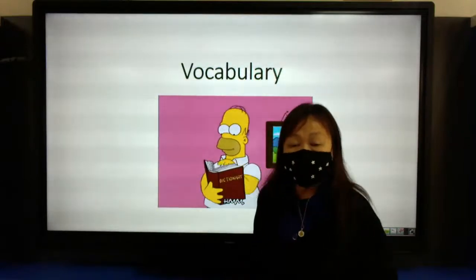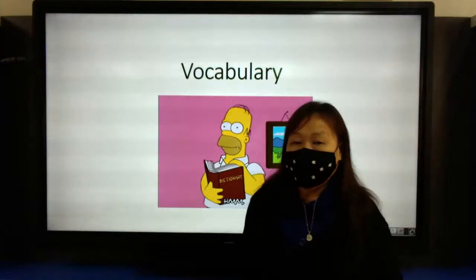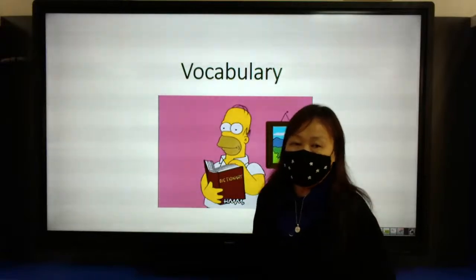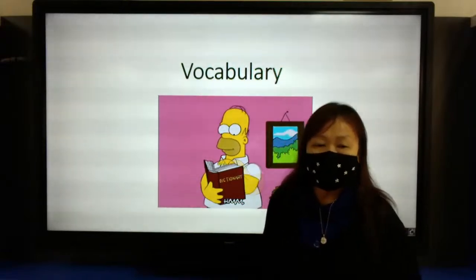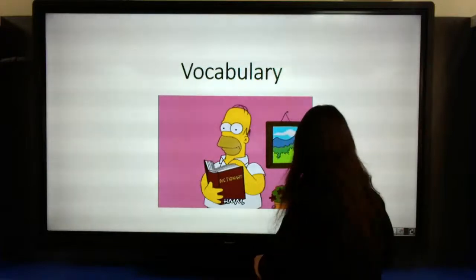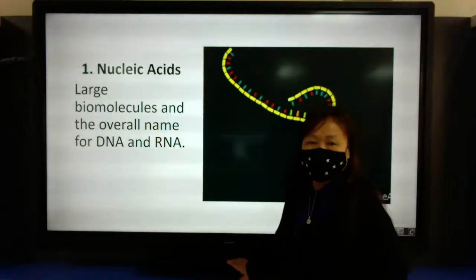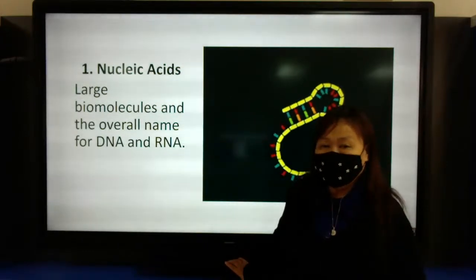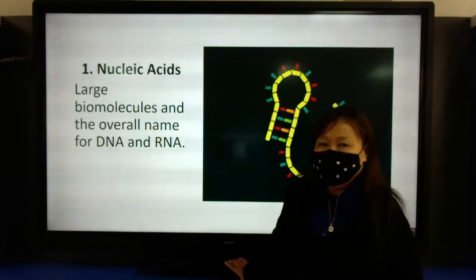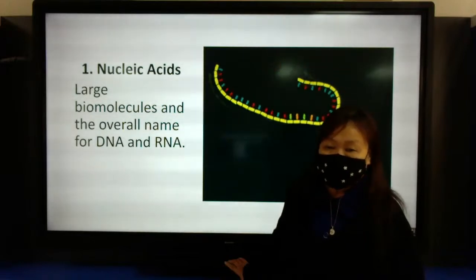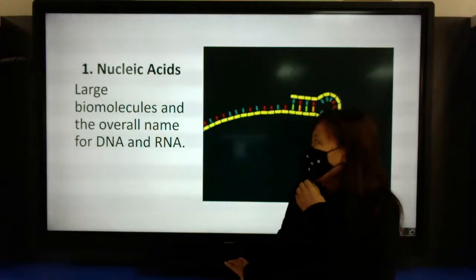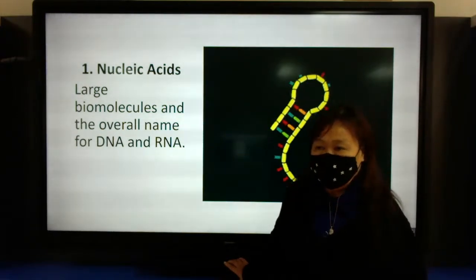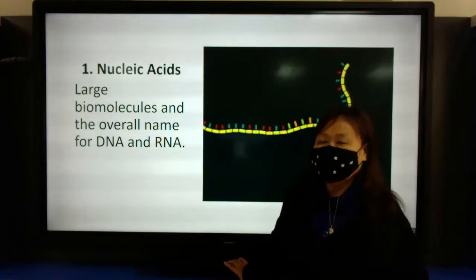Before I proceed with the lesson, I would like to introduce some vocabulary first, because you're going to encounter this vocabulary as the lesson goes along. The first vocabulary is nucleic acids. I am not sure if you've taken this up in your Thai science class, but in English, when we talk about DNA and RNA, we are talking about nucleic acid.